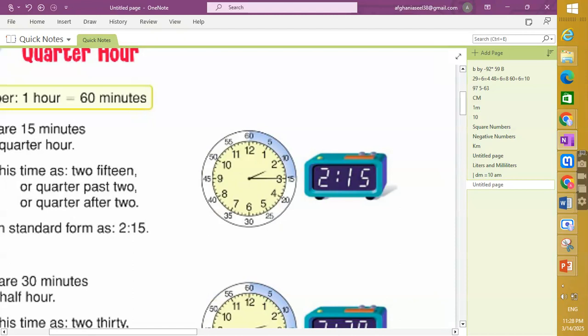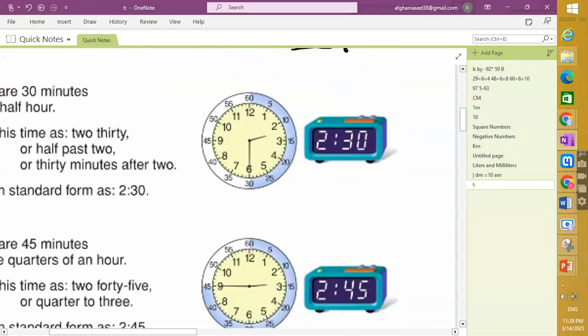How can we read this time? We say the hours. Which hour is represented here? Number 2. And how many minutes do we have? 5, 10, 15. So 15 minutes.